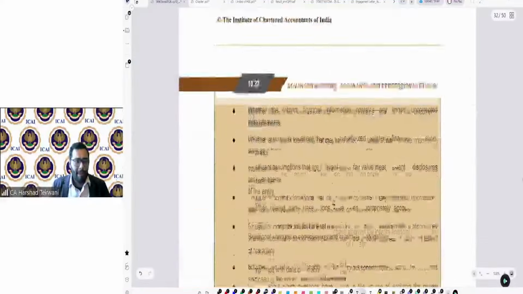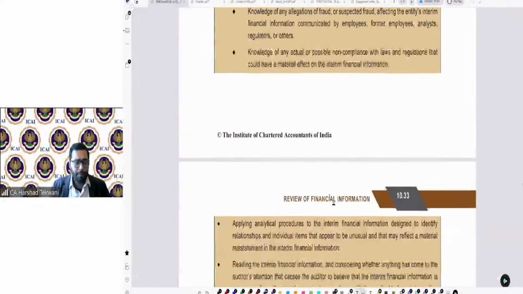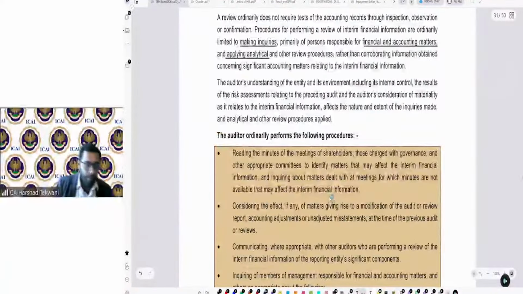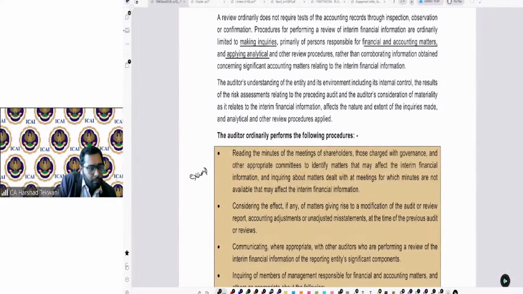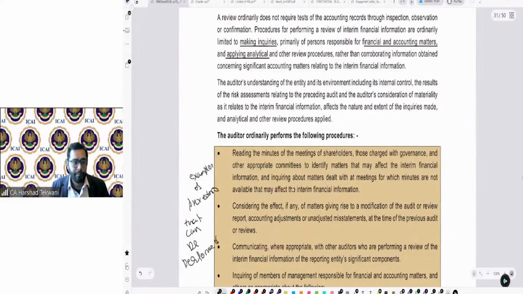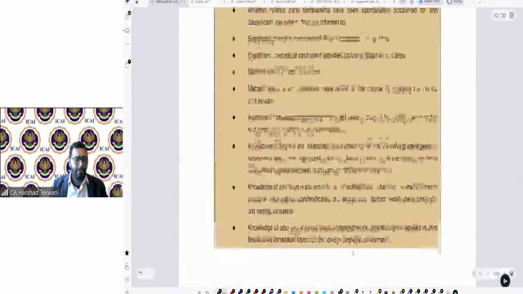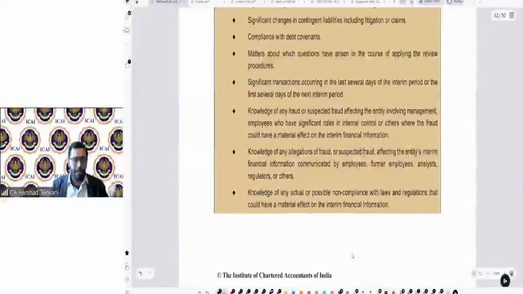So this is again examples of the procedures that could be performed. I'll not discuss this in much detail because it's the same that we have already discussed. But I'll request you guys to read this once because it will give you a good clarity.